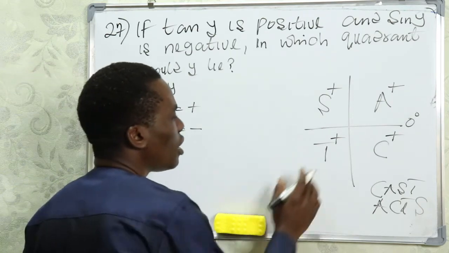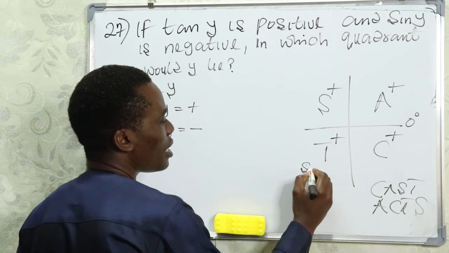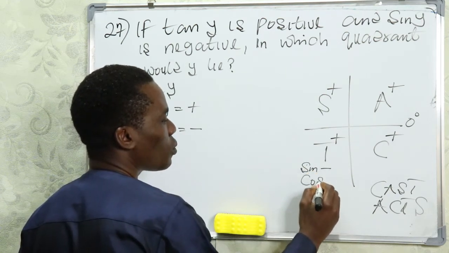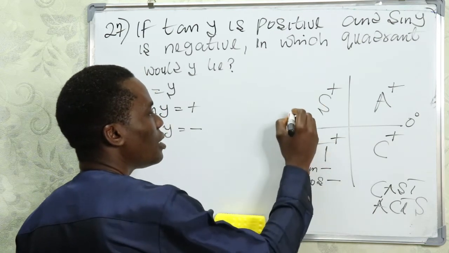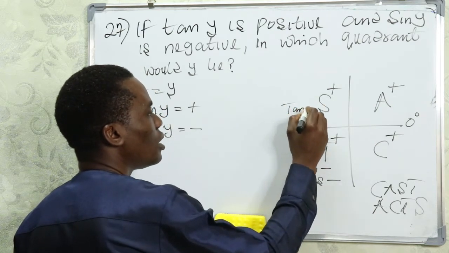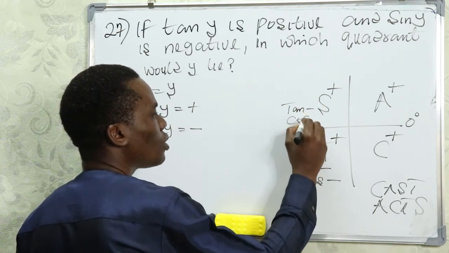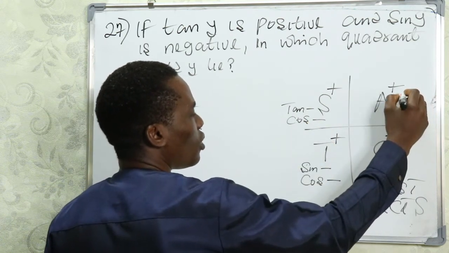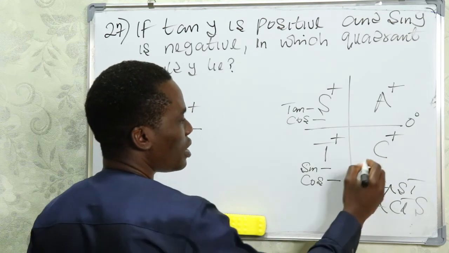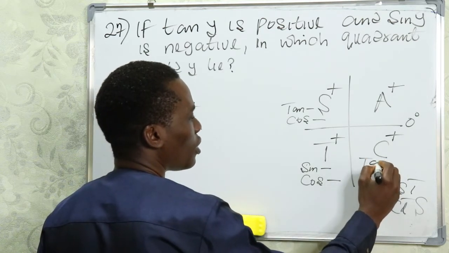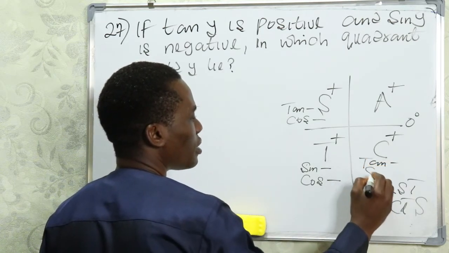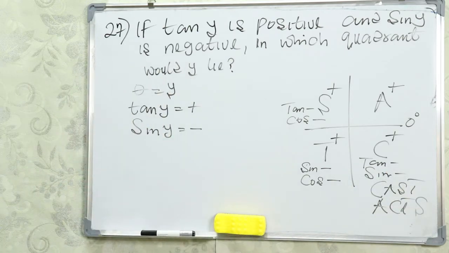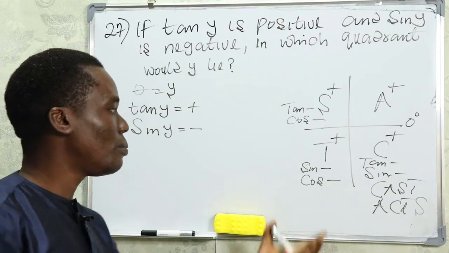So under this quadrant, sine is negative, and cos is negative. Under this quadrant, tan is negative, and cos is negative. Under this quadrant, all are positive. While under this quadrant, tan is negative, and sine is negative. So you see how useful this acronym can be.